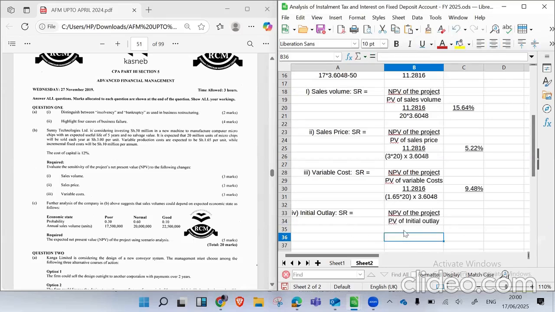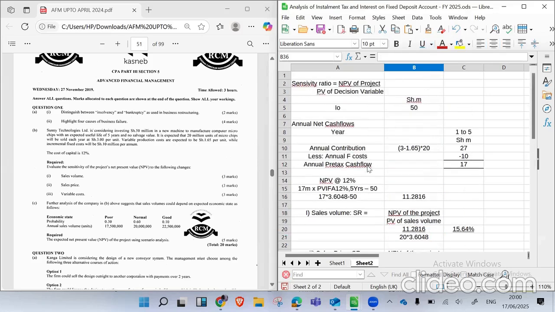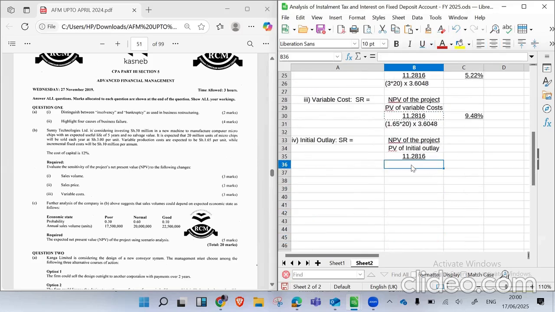In our case, our NPV is 11.218. Then you divide by the present value. The initial outlay in our case was 50 million, so you divide by 50.